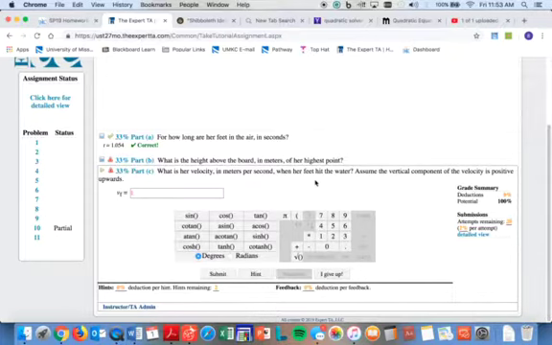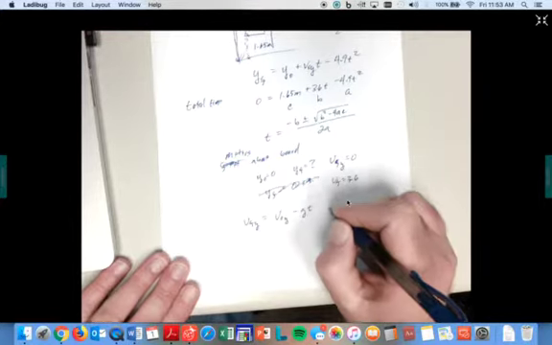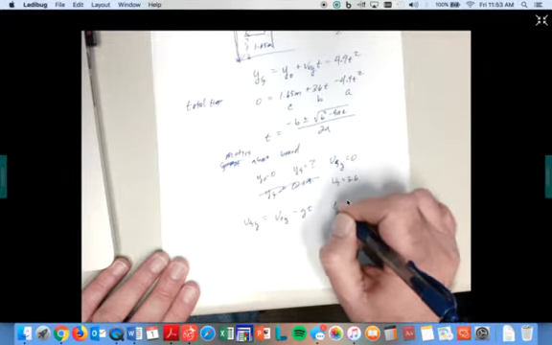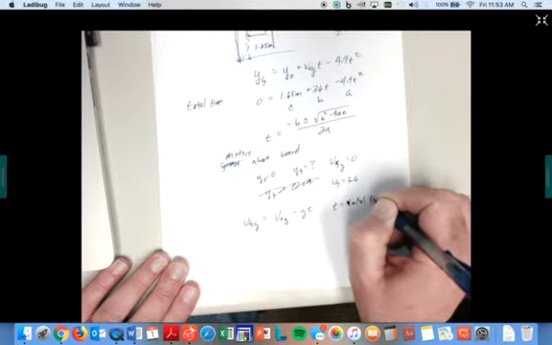Well, we know that v final y is equal to v naught y minus g times her total time she was in the air, where t is total time, equals the total time she was in the air.